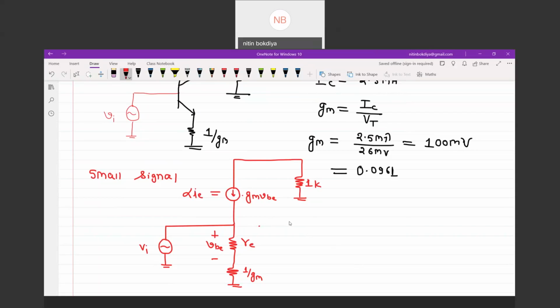So V out for the signal is equivalent to minus GM into VBE into 1K, or V out is minus alpha into IE into 1K.